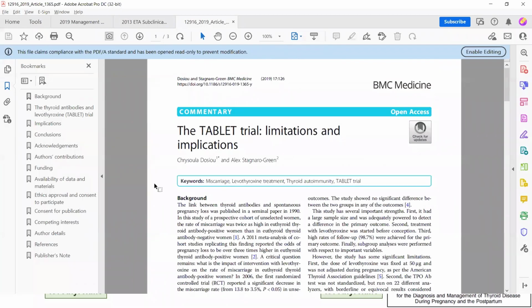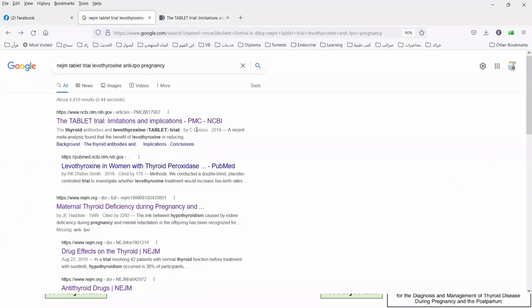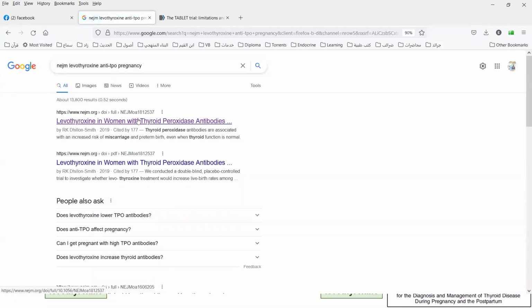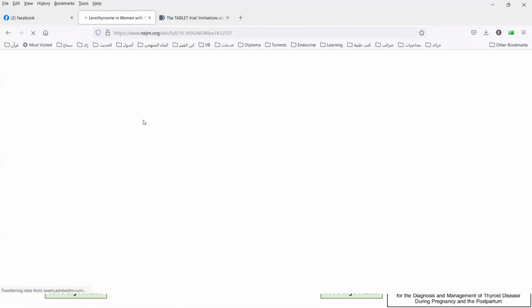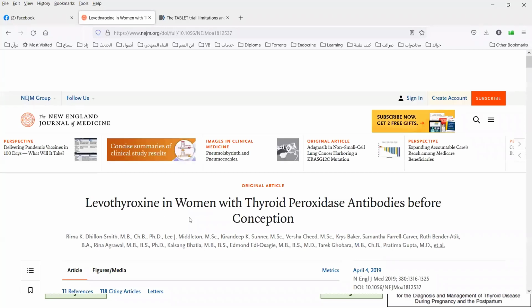When treating if TSH is less than 2.5, I think I will show levothyroxine in anti-TPO pregnant women. This is levothyroxine in women with thyroid peroxidase antibodies before conception.